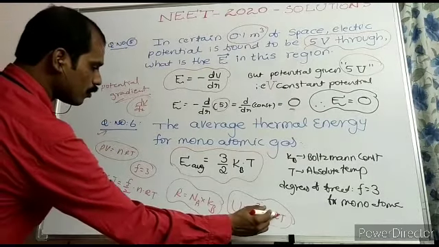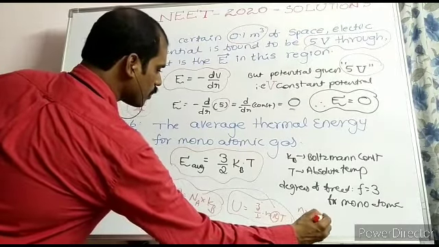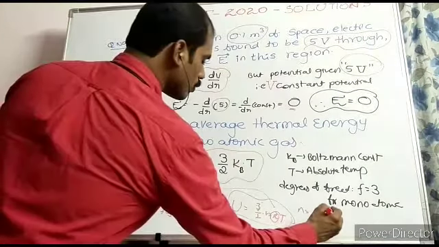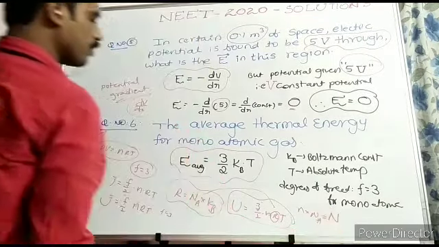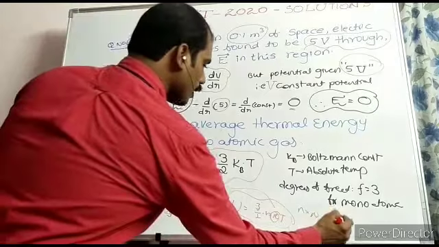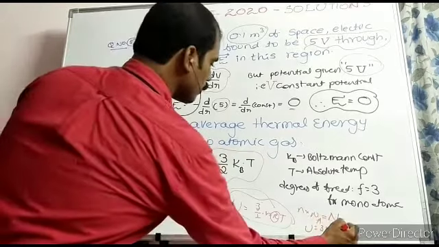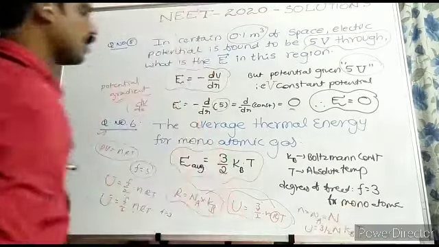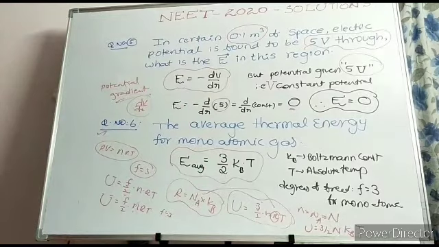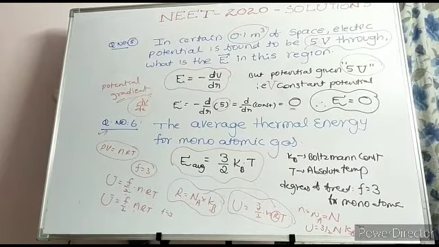By substituting R as Na into Kb, and we know N into Avogadro number is equal to number of molecules. So energy U is equal to 3 by 2 into N into Kb into T, where N is number of molecules, Kb is the Boltzmann constant, and T is absolute temperature. So relation becomes E average is equal to 3 by 2 Kb into T.